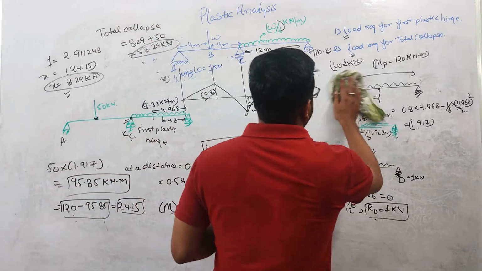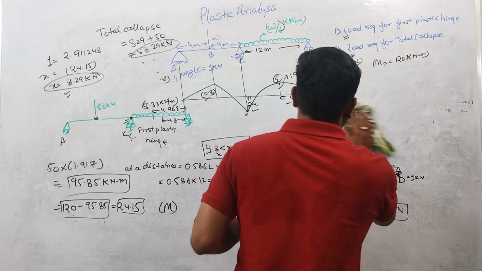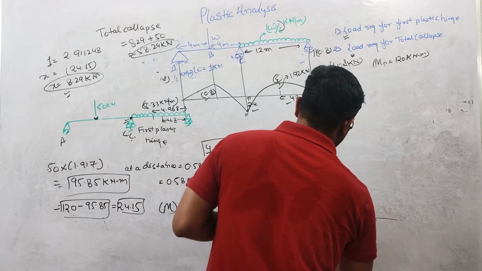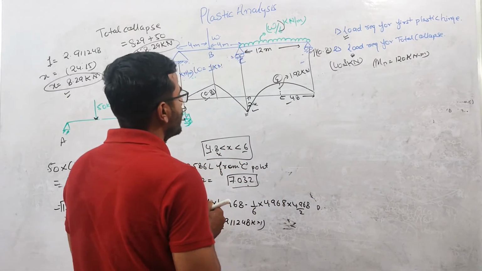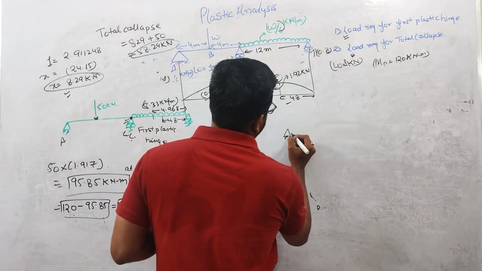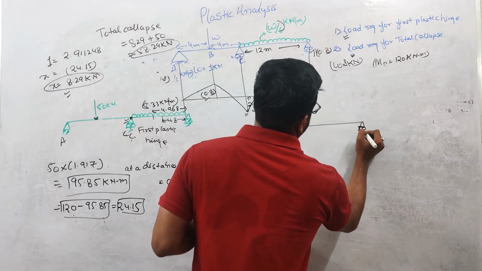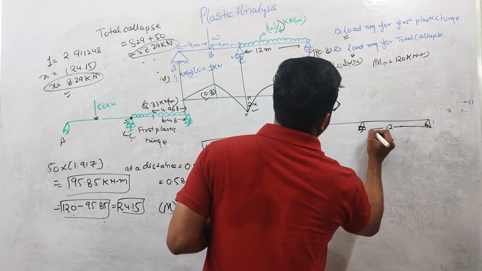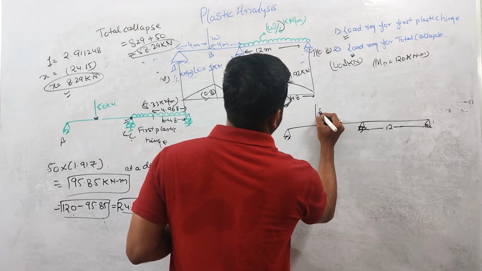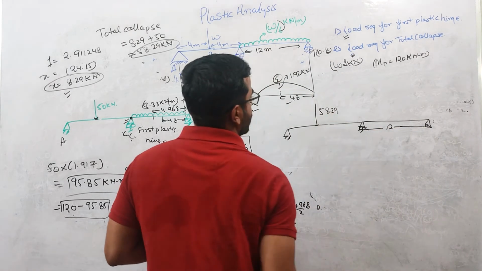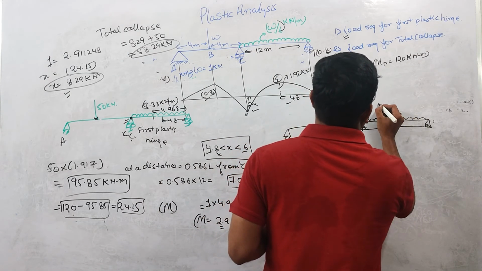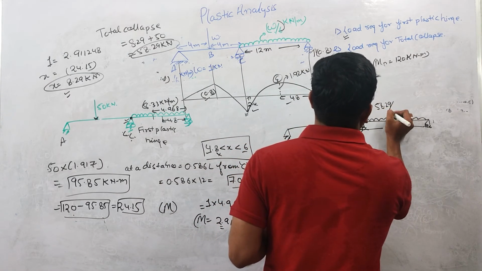Okay, we will be drawing the load on the beam when the collapse will happen. The loading condition will look like this. So this is 58.29, and here the magnitude of this UDL will be 58.29 divided by 6.